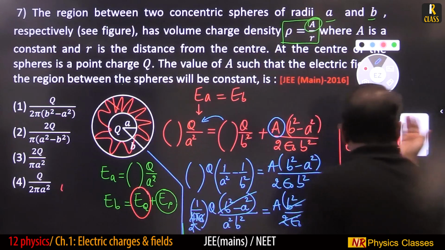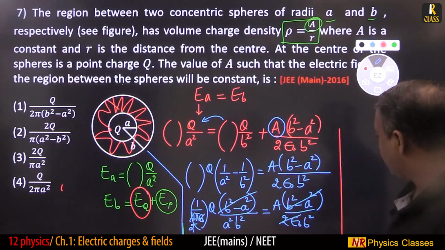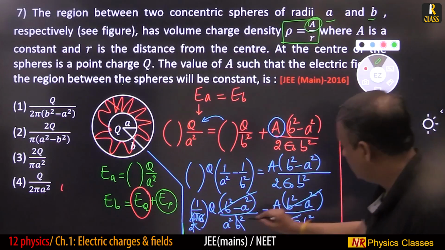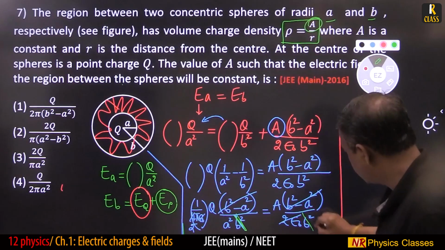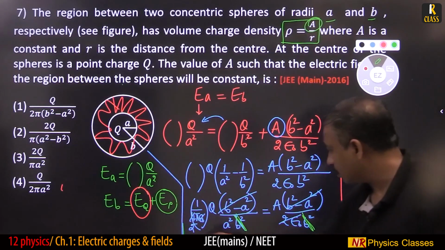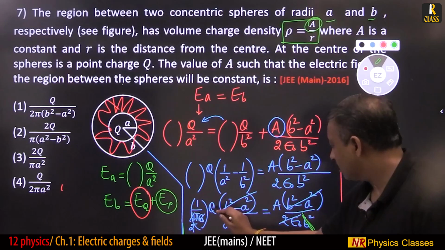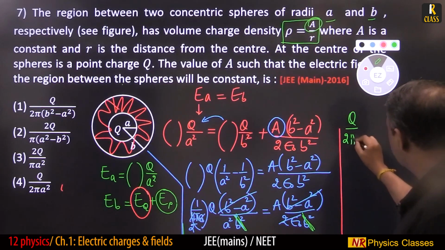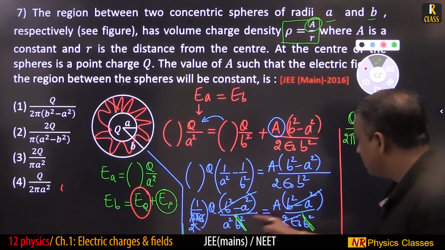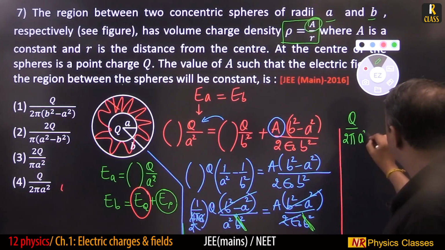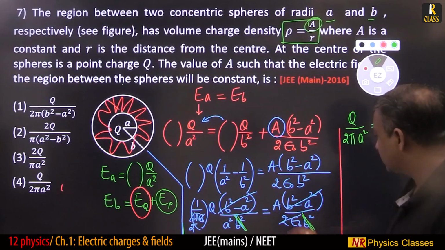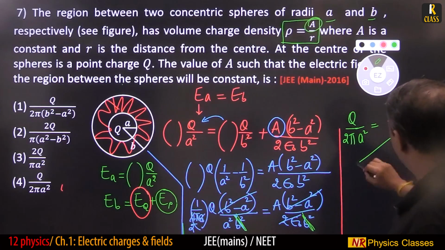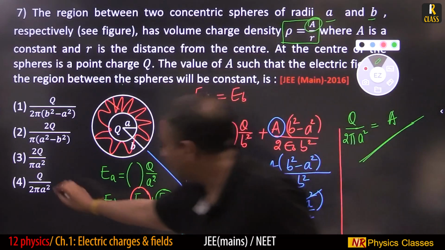Now we have to get an expression for a. 2 epsilon naught is gone. We have 2 pi q by 2 pi on the left hand side, and a square on the right hand side there is only a. Oh, we got the answer: q by 2 pi a square.